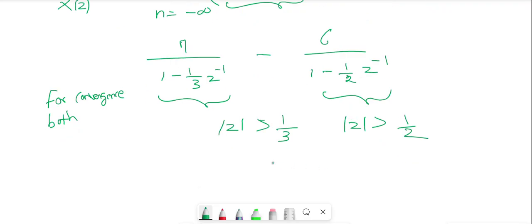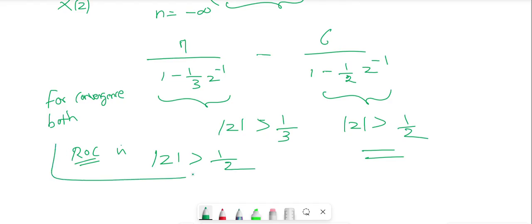If there are 2 poles, then which ROC will we take? This one: the modulus of Z is greater than 1 by 2. So this is the final answer. So how do you draw it?